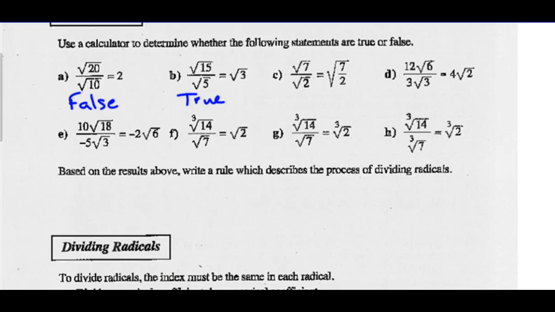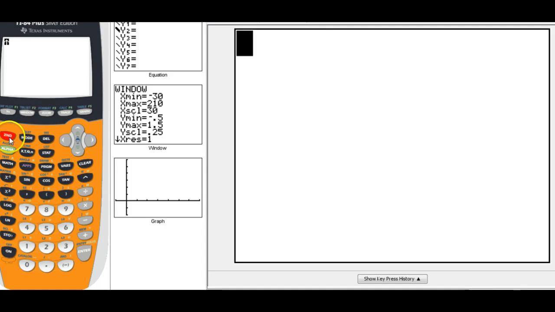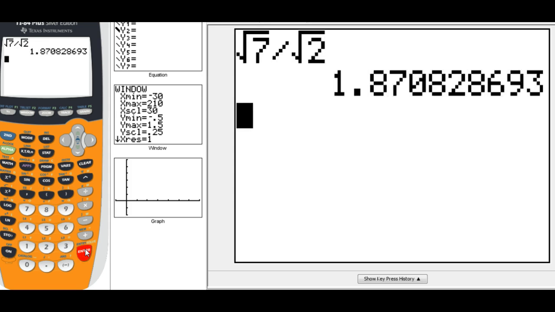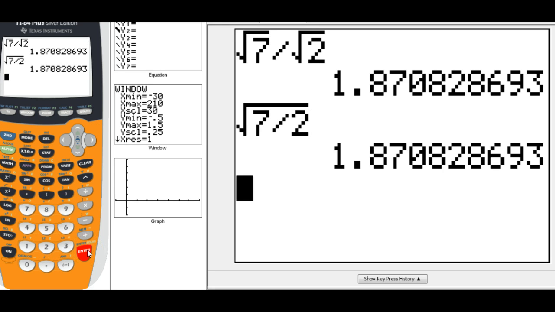All right. Square root of 7 divided by square root of 2 gives us that value. That's supposed to be the same as the square root of 7 divided by 2. Let's see if they're the same. Exactly the same.